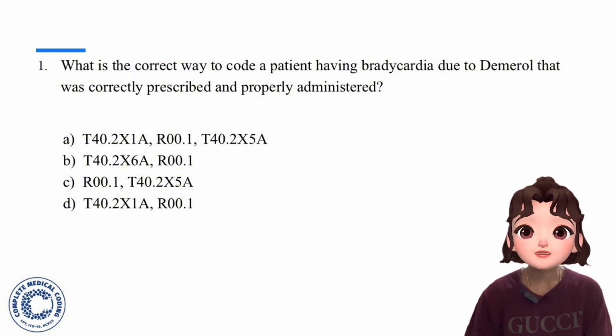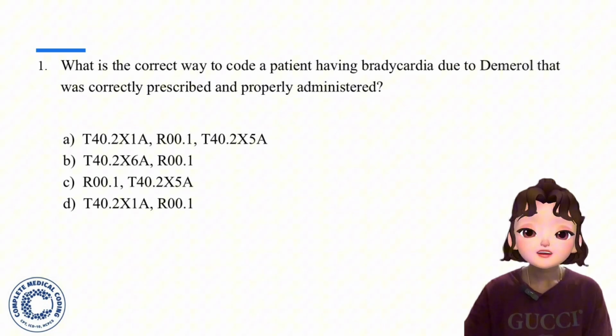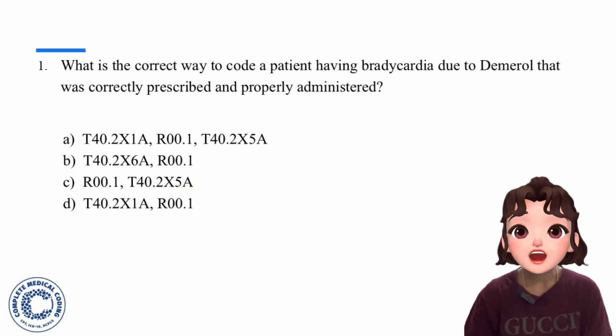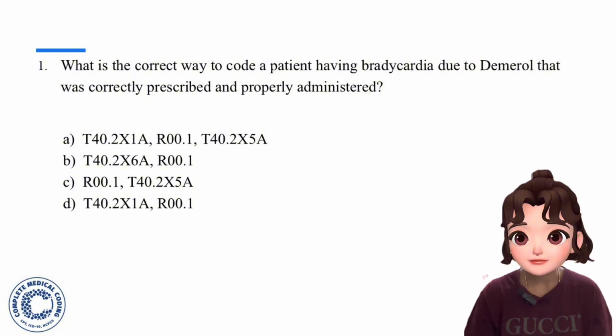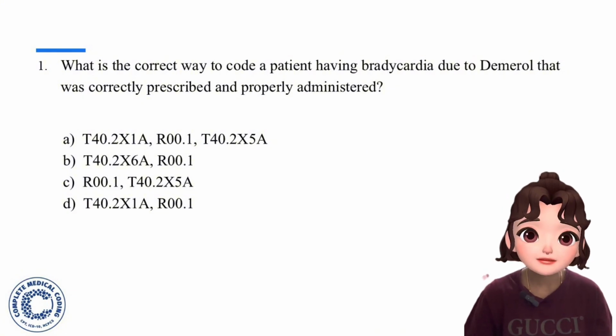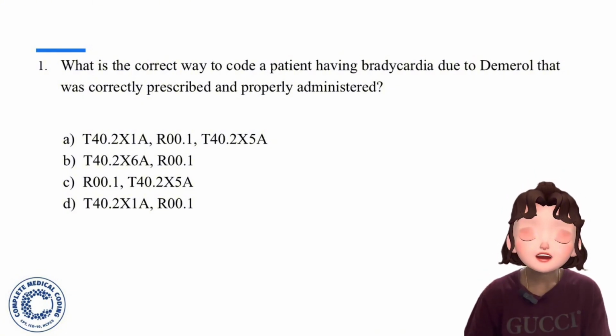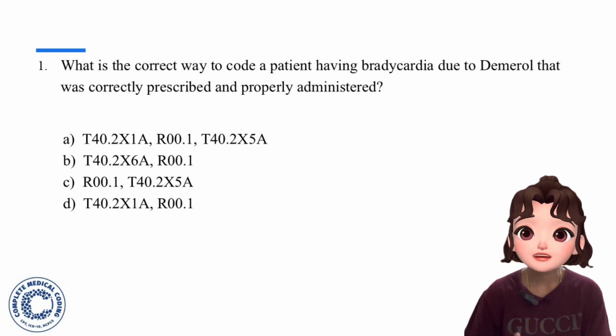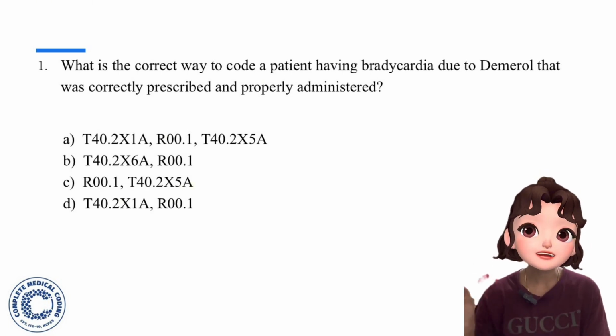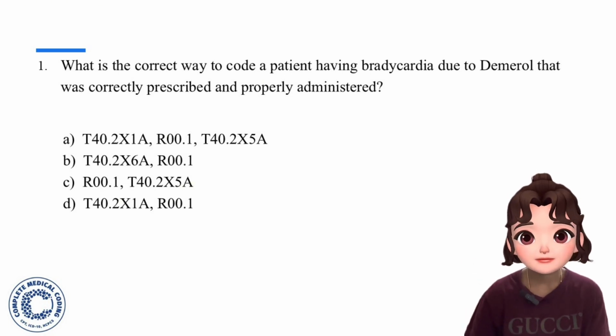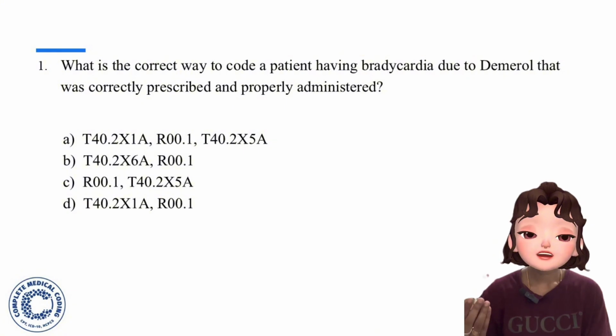What is R00.1? The next code in option A, R00.1 is bradycardia, which we really need, right? Because the code that we have to code is for bradycardia. So that code should be coded first, and then followed by what it is caused by.